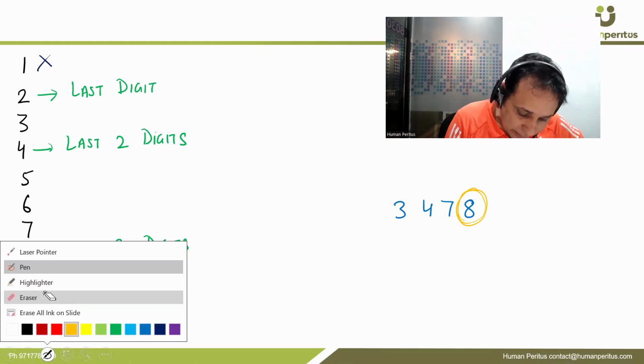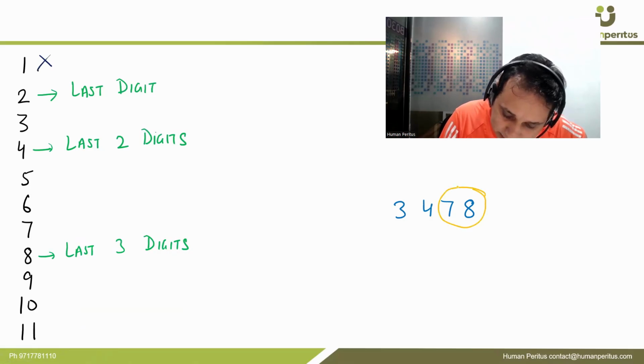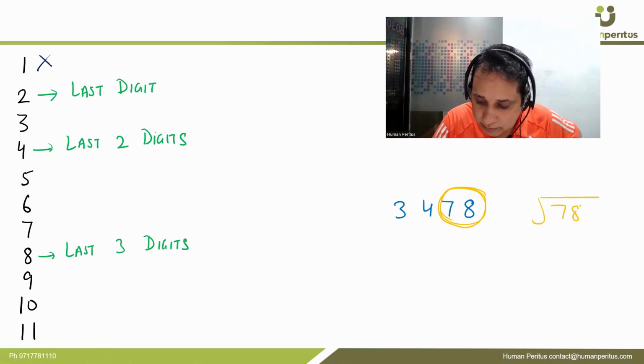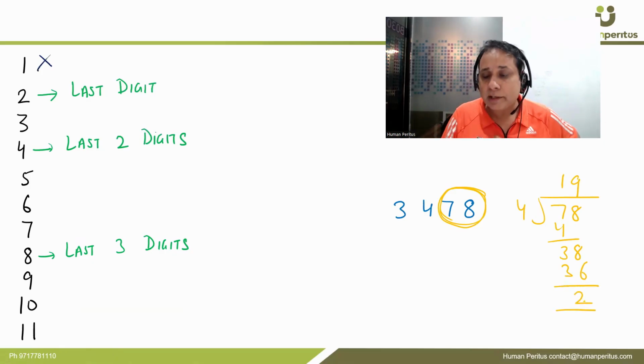In that case, I will check the last 2 digits. 78. Is 78 divisible by 4? No, it is not. If you try to divide 78 by 4, then what happens, guys? We get 2 as a remainder. So 3478 is not divisible by 4.